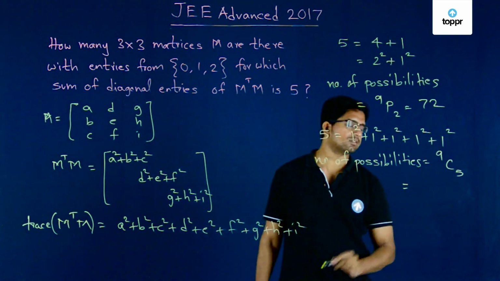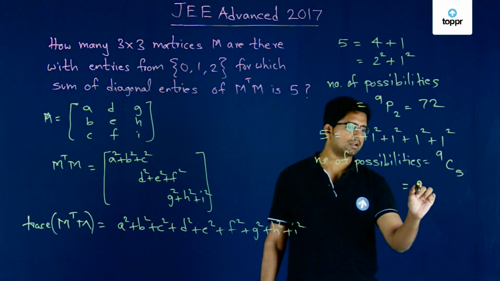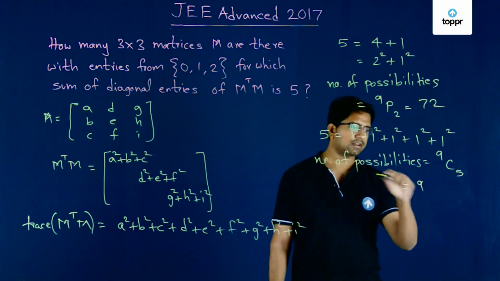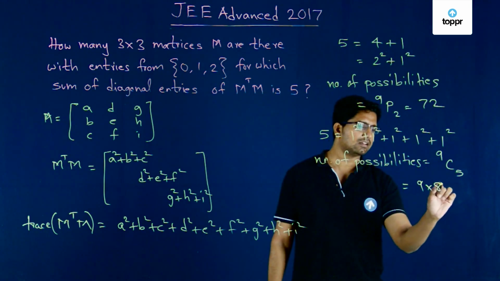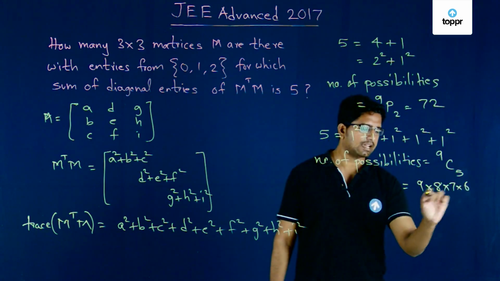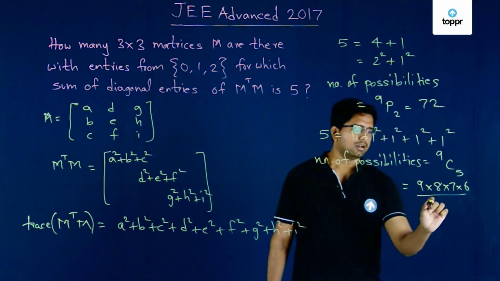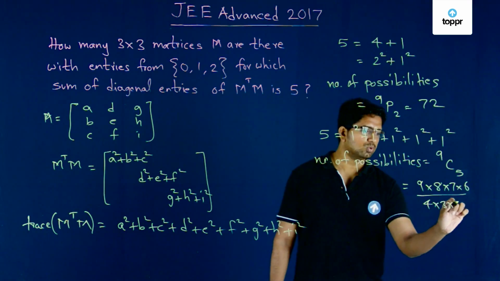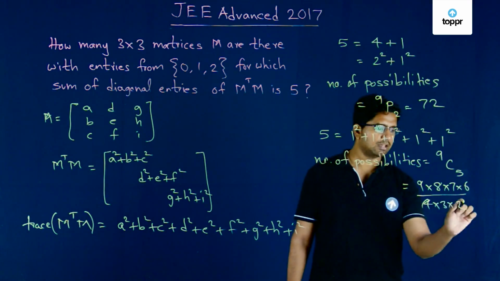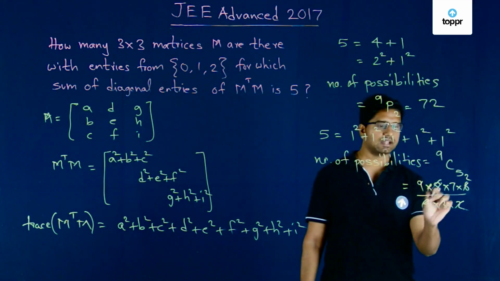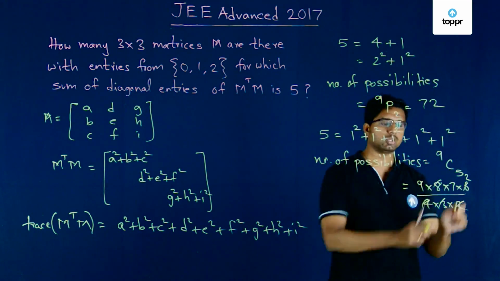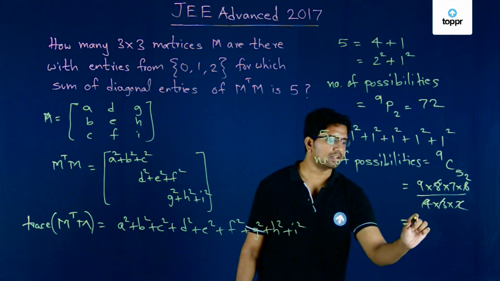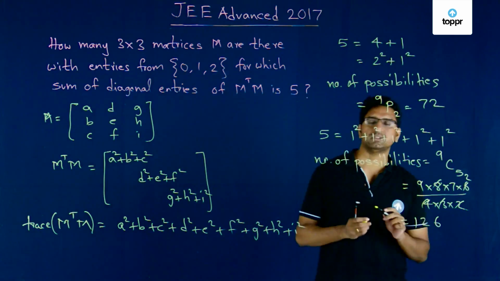Okay, so let's see what its value is. It is equal to 9 factorial upon 5 factorial times 4 factorial, which can be written as 9 times 8 times 7 times 6 upon 4 into 3 into 2. You can cancel out, and then we get 63 times 2, which is 126.